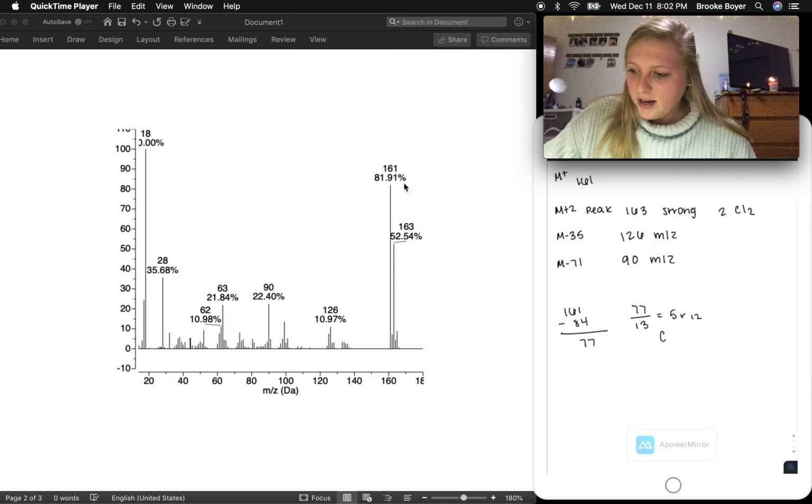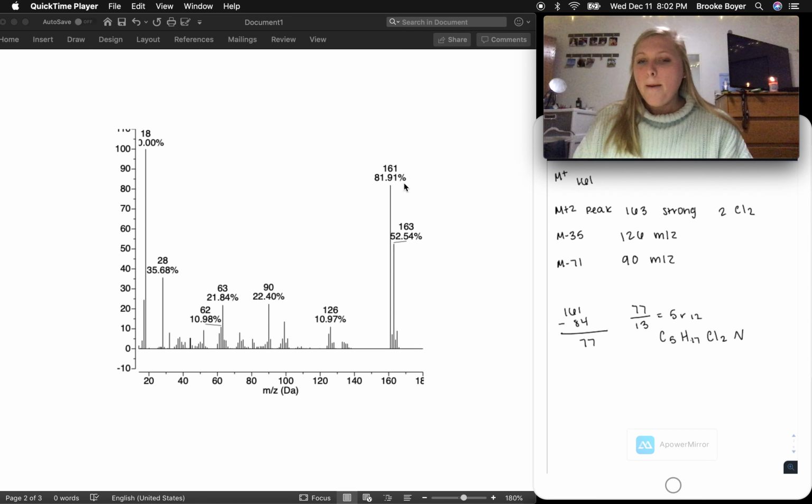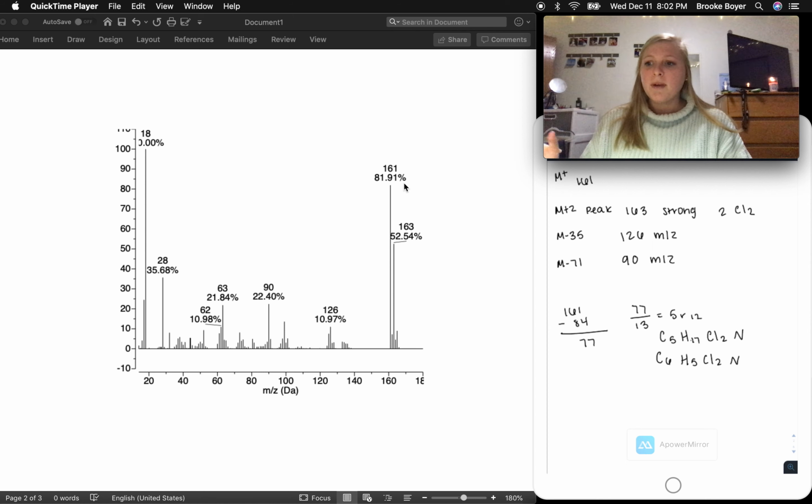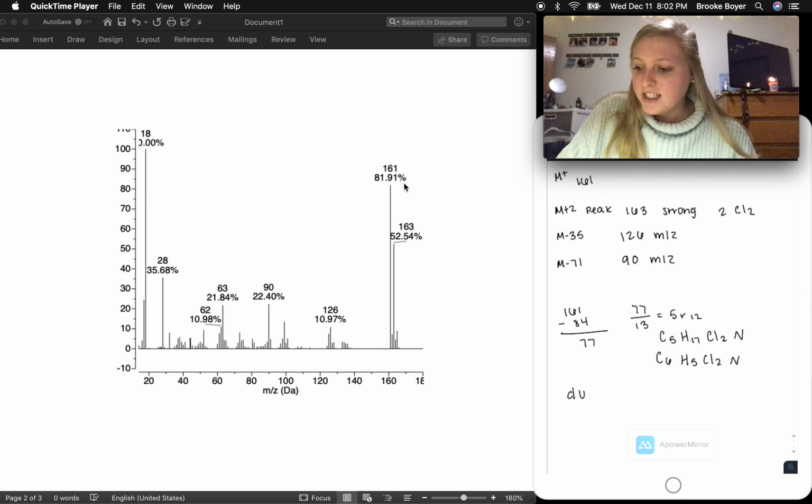So as of right now, we have 5 carbons and 17 hydrogens, 2 chlorines, and 1 nitrogen. But we know that there's an aromatic ring, and so there has to be 6 carbons for that. So our molecular formula is going to be C6H5Cl2N.